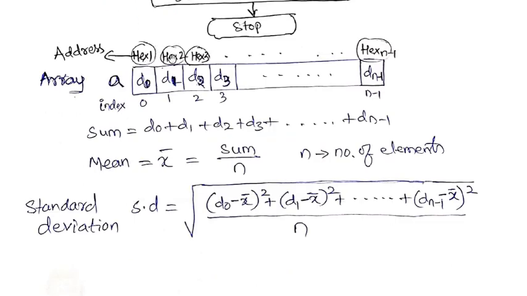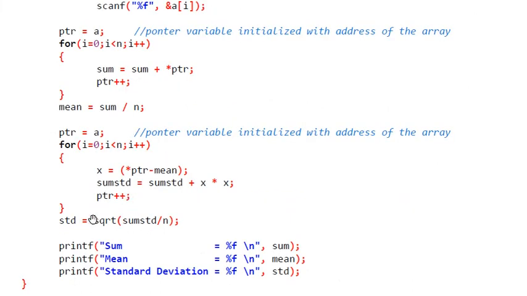When it is moved to the next location, it will point to D1. Now in the next iteration x is equal to star PTR. PTR is pointing to the next array element, and star PTR is the value stored at that location, that is D1. So x is equal to D1 minus mean.